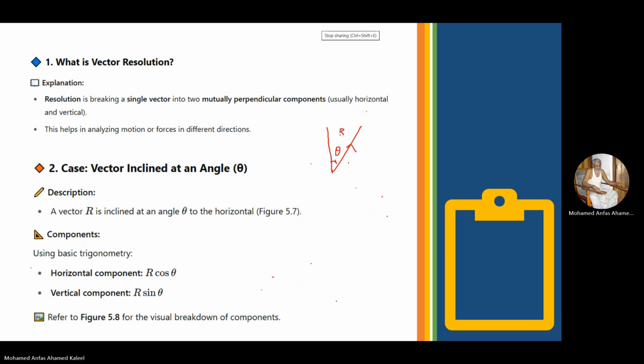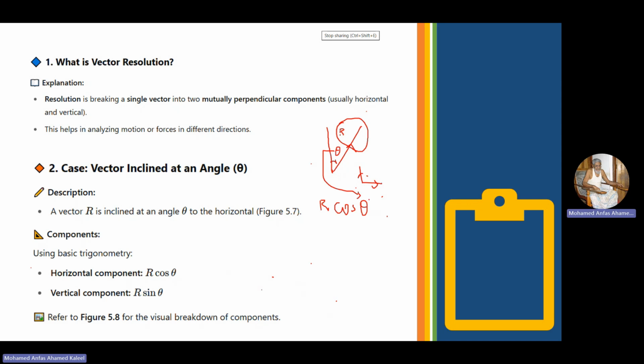If you want to break this resultant force into vertical and horizontal, only consider the angle between that force and the vertical. The angle between the force and the vertical is theta. So just put R cos theta, because this theta is mentioned here.